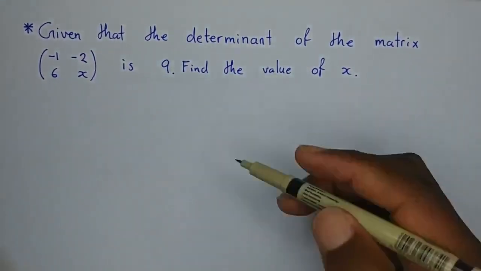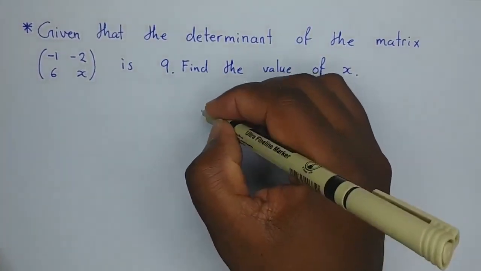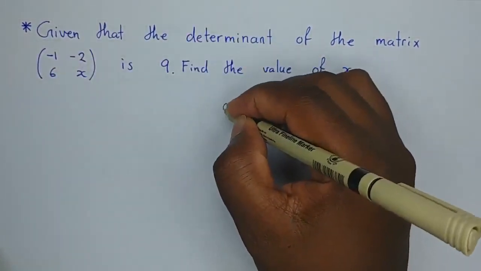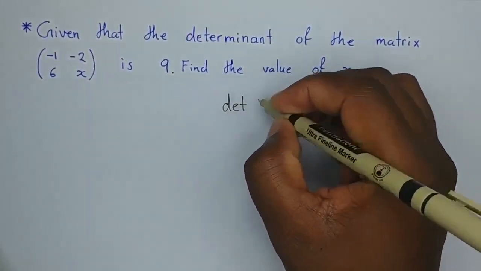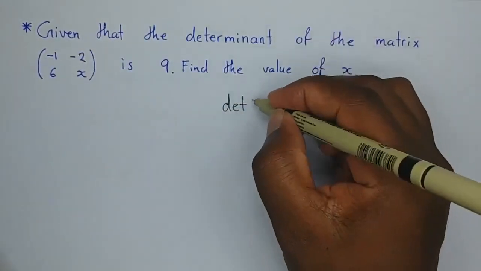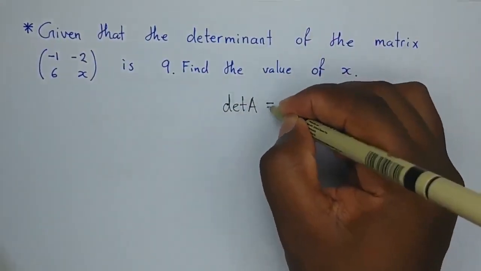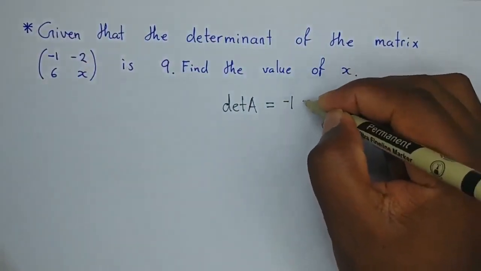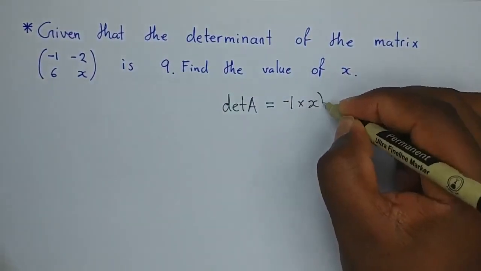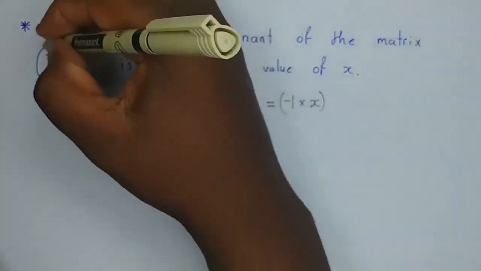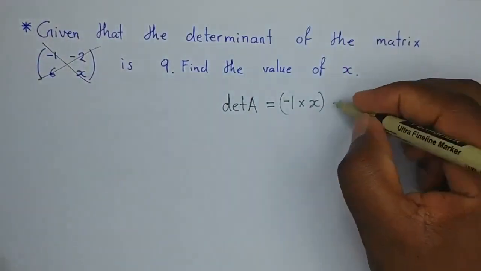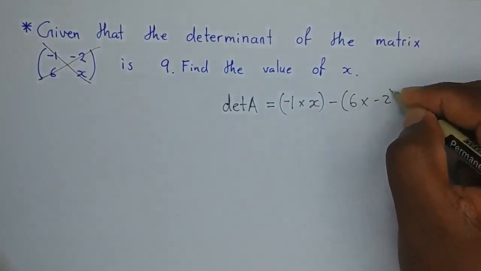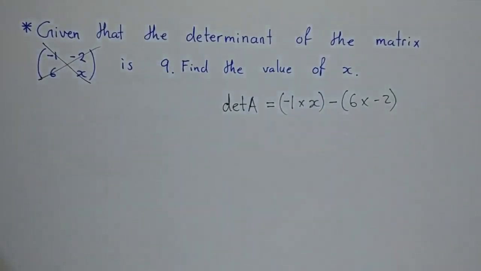So all we need to do is, let's call this matrix A. The determinant is given by the major diagonal, which is -1 multiplied by x, minus, remember, major minus minor, so the minor diagonal is 6 times -2, like that. So we want to find the value of x.